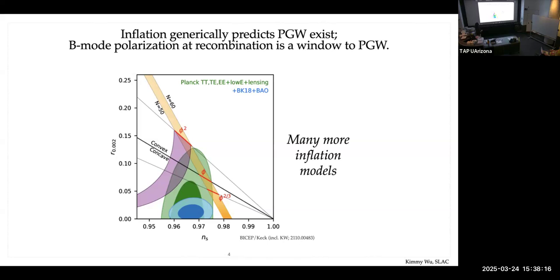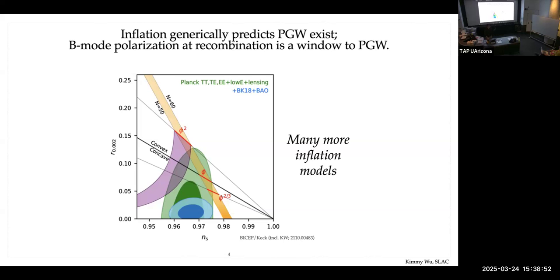And different inflationary models will predict different combinations of r and n_s. So being in this space, we can rule out classes of models that predict different combinations of r and n_s. For example, this orange band is one of these really popular textbook models of inflation potentials. That's pretty well disfavored at this point. But then if you, for example, shift n_s, that can rule in and rule out models, and be flexible about this space and see what happens.